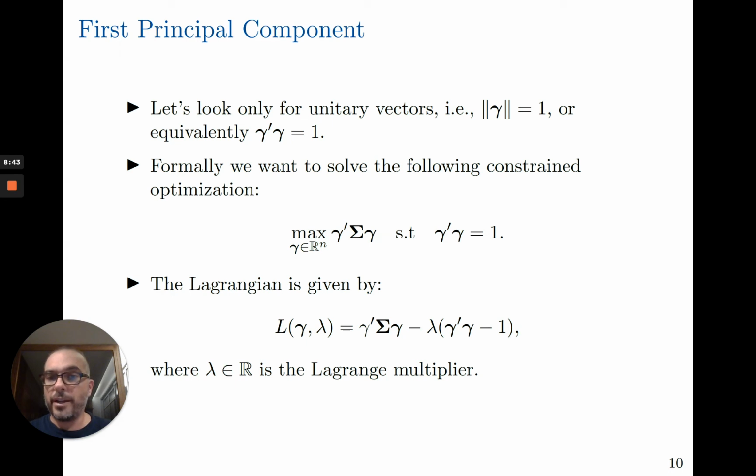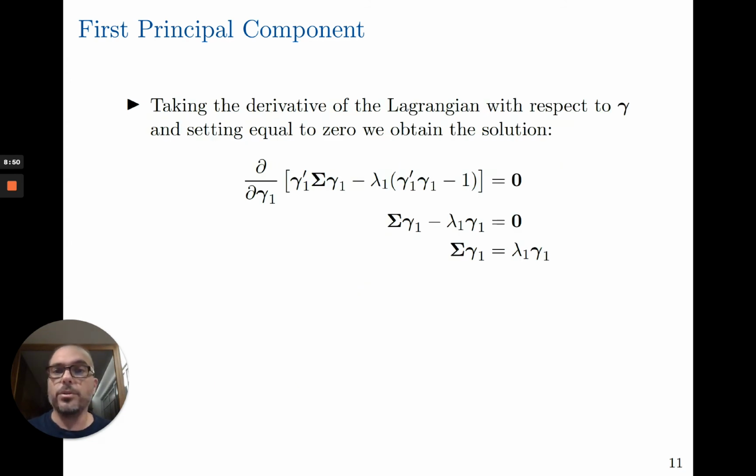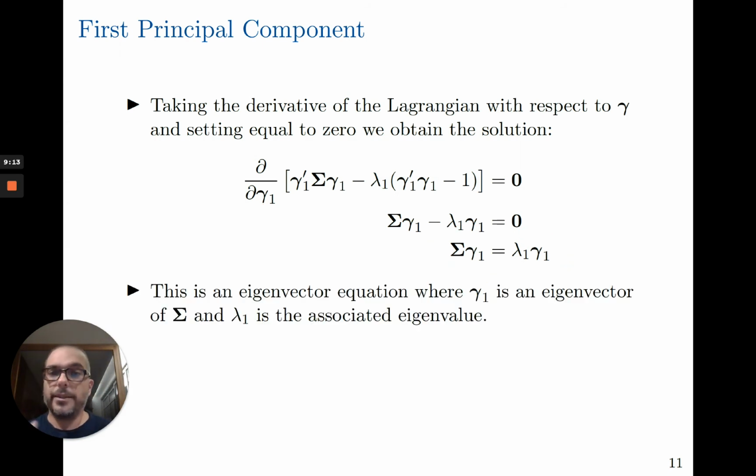We have to find the first order conditions for the Lagrangian. So we take the derivative of the Lagrangian with respect to gamma 1 and make it equal to 0. Once we do that, we get this equation, which is an eigenvector equation.